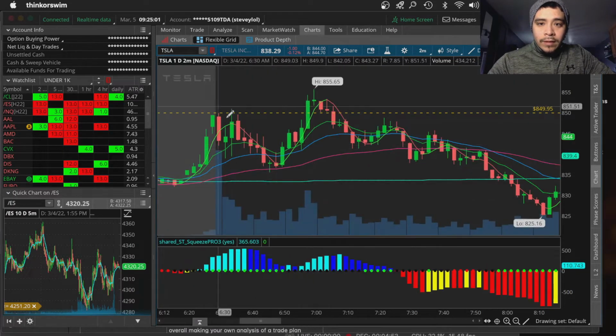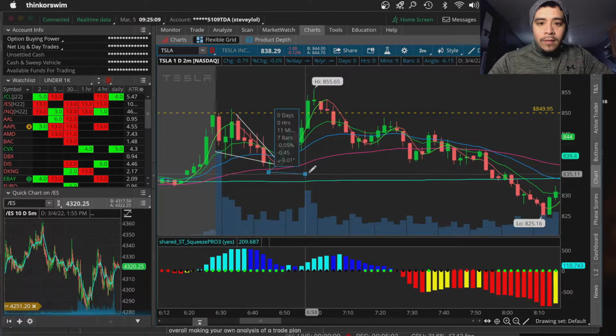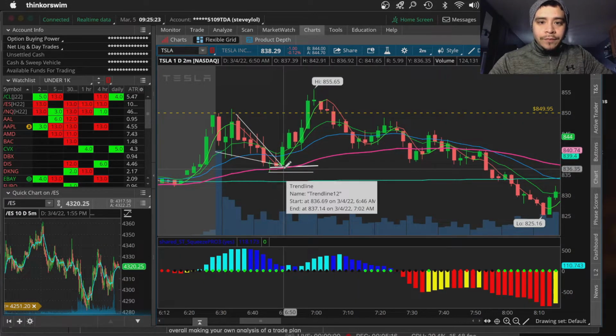You could do a triangle setup right here. No, a falling wedge. Your risk, you could put it, all right, if we get below here, yeah, this is a bad drawing, but if we go right here and break below it, I will sell out and take a loss on the trade.